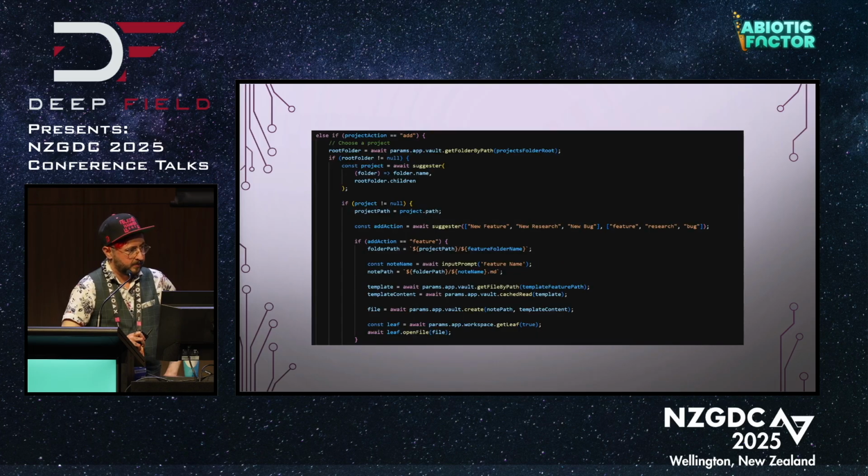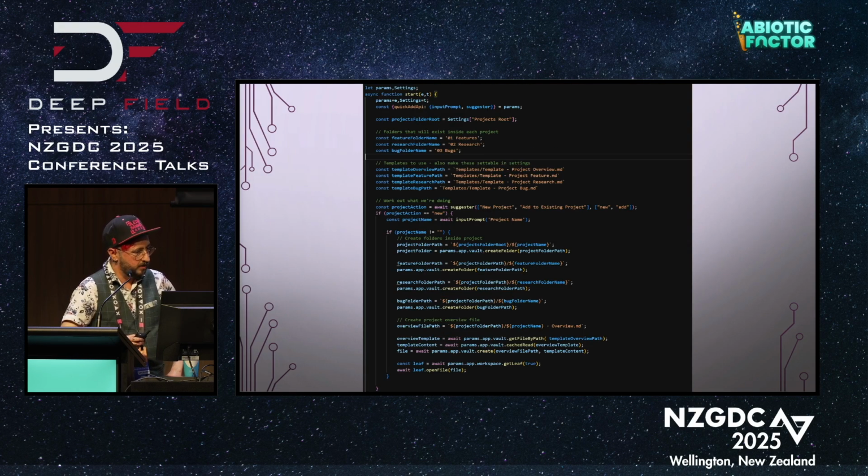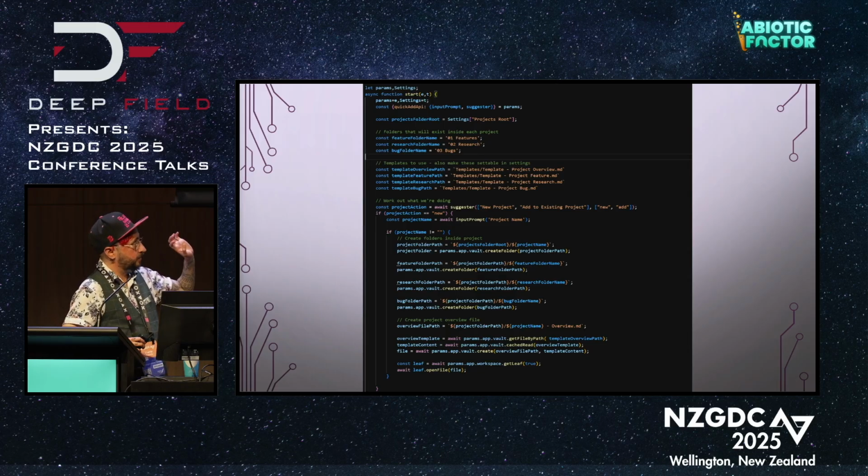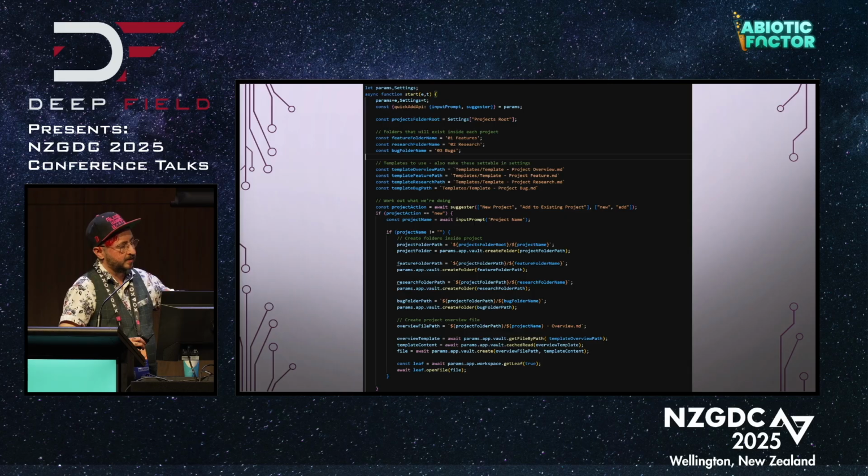And this section is just, we're adding it to an existing project. I didn't really go into the different parts of this, but basically I'm just getting an input prompt and a suggester, and it's popping up with, what do you want to name it?